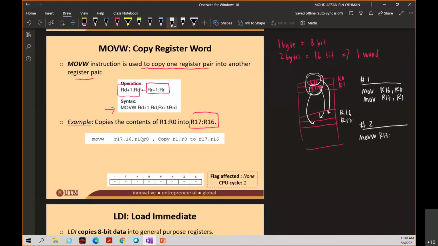R17:R16, comma, and what is your source register? R1:R0. Again, because this is a data movement, there is no flag affected inside your status register.